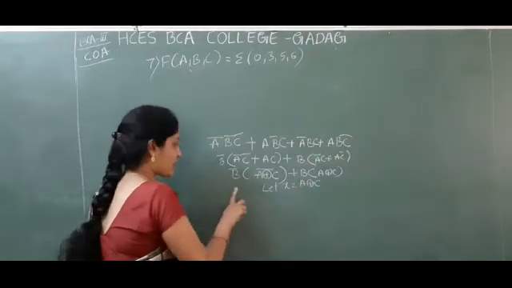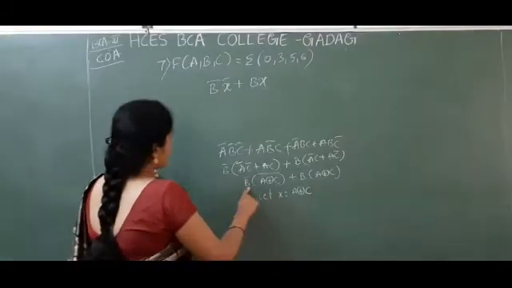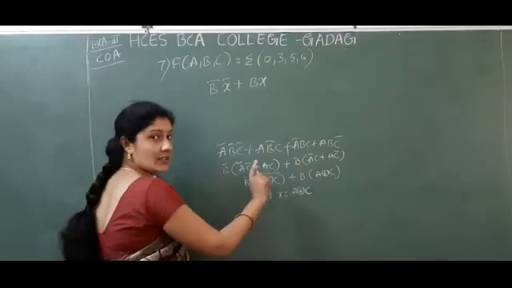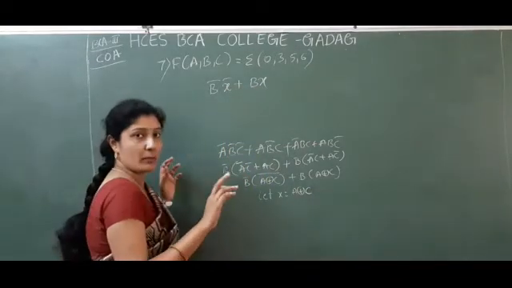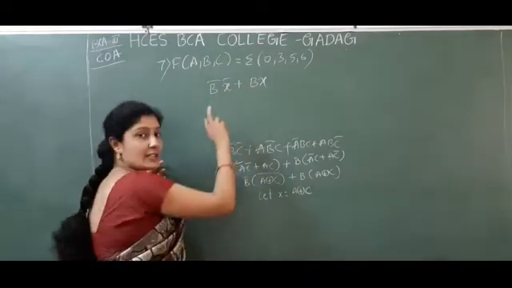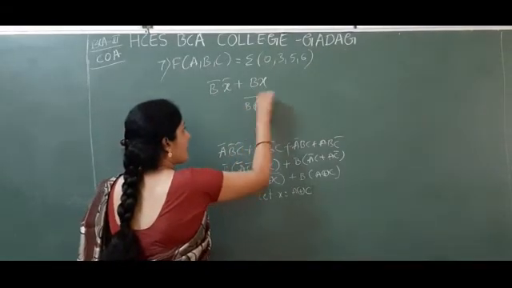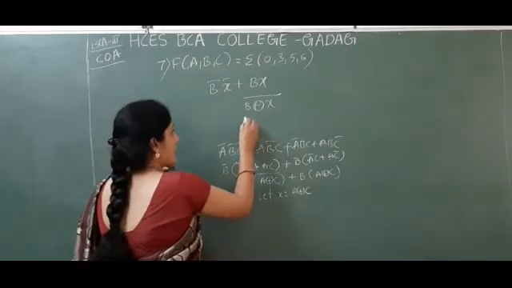What will be the expression? B bar. What is this? It is B bar X bar plus B X. Okay. So now, what is this expression? B bar X bar plus B X means B XOR X.